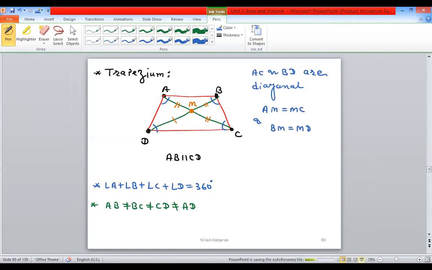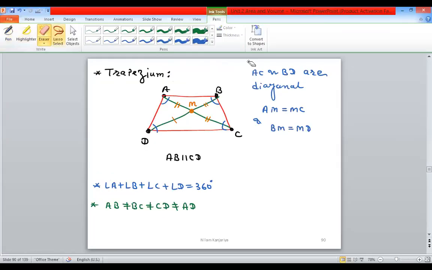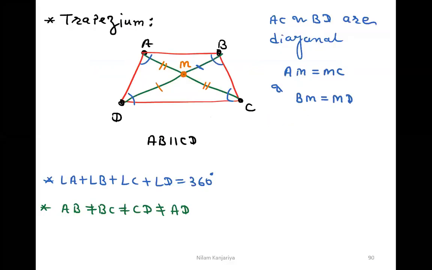So this is the meaning of bisect. Bisect doesn't mean equal, it means that where the line is bisected, both half parts will be equal. If AC is 6 centimeters, what is the value of AM?